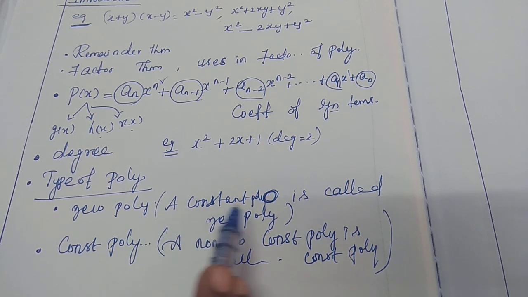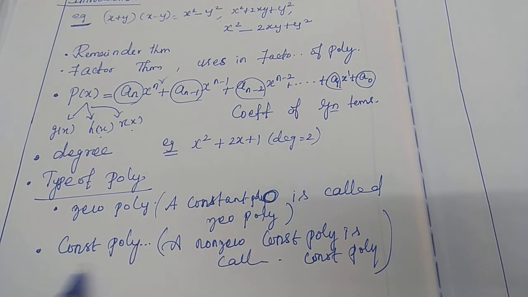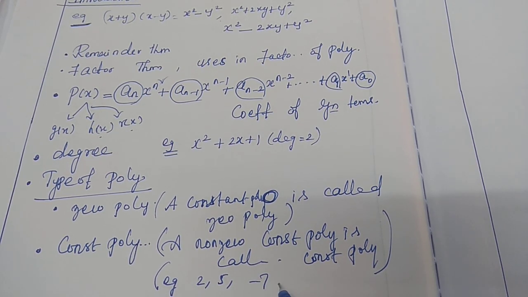Zero polynomial is a constant polynomial. 0 is called zero polynomial. Constant polynomial, that is a non-zero constant polynomial, is called constant polynomial. For example, some number 2 or 5 or -7, all are constant polynomials.